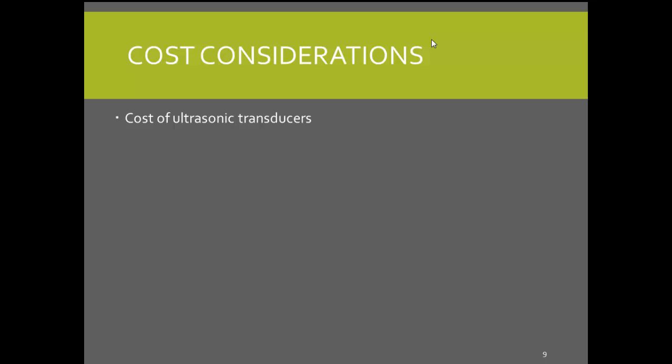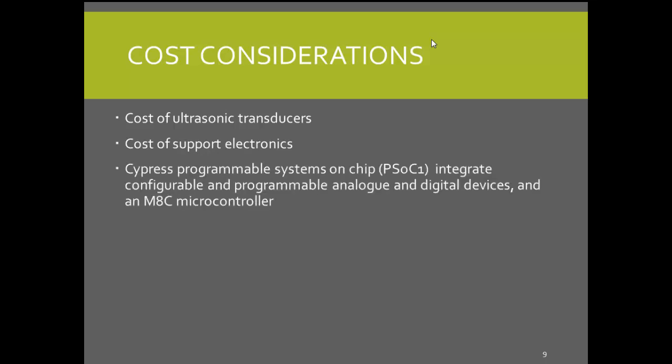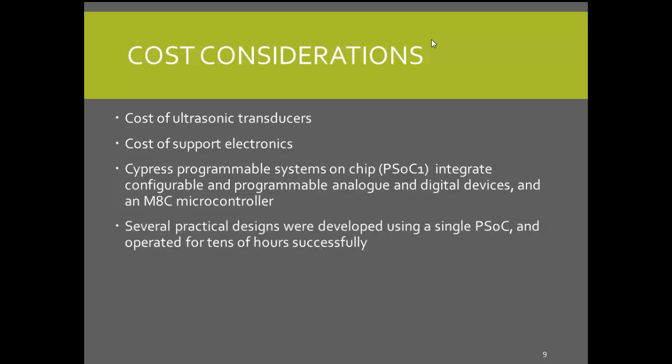But the transducer we are using is a narrow band low frequency ultrasound transducer, which costs around a few dollars. And the cost of support electronics could be high, but in our project we used a system called programmable system on chip, which was introduced by Cypress, which integrates some analog and digital features of the circuit.